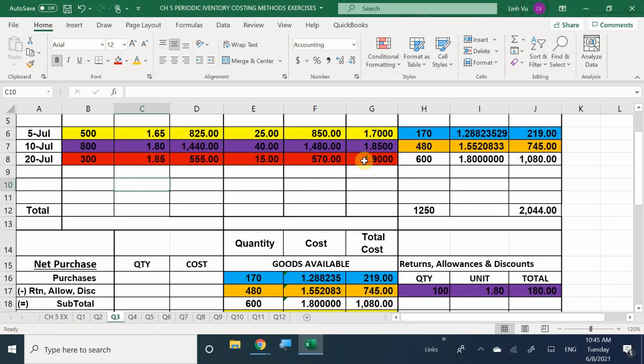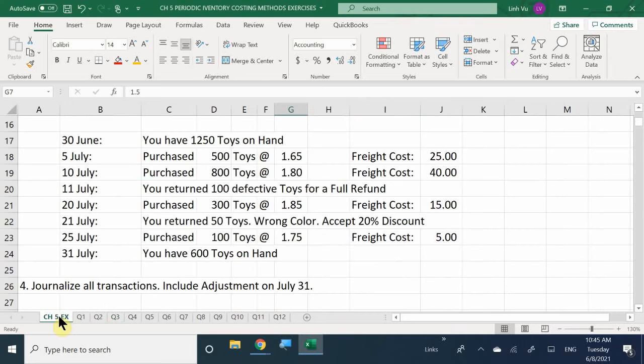All right. So then let's see what happened next. What happened on July 21st? You returned, well, took a 20% discount on 50 toys. Okay, so here we're attempting to return 50 of them, but we end up keeping them and accepting a 20% discount.